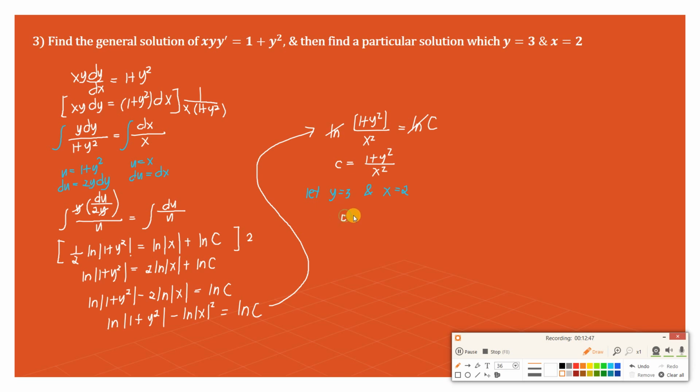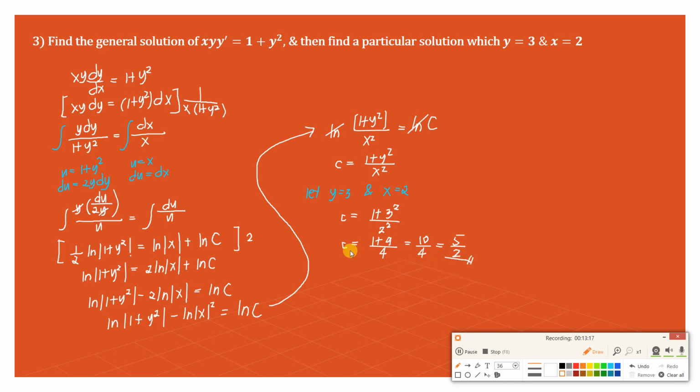So, c is equals to 1 plus y, which is 3 squared, over x squared, or 2 squared. So, value of c is 1 plus 9 over 4. So, we have 10 divided by 4, or equals to, pag nireduce, 5/2. So, ito yung value ngayon ni c.